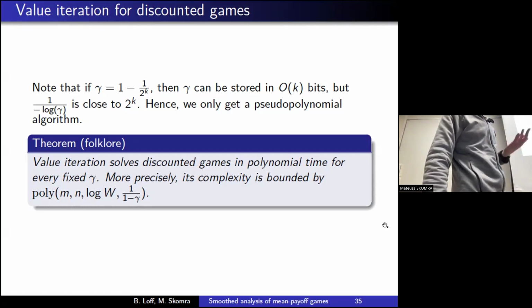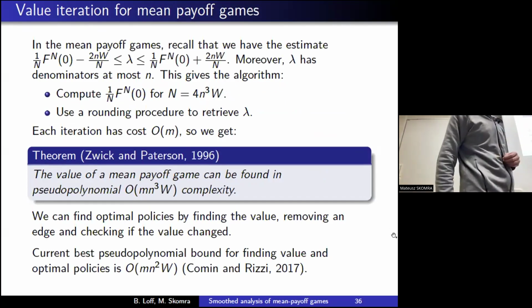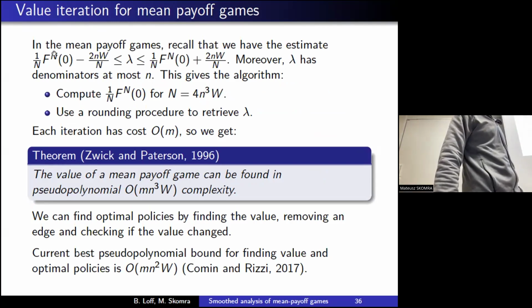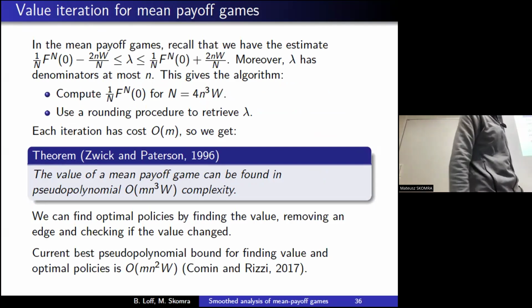And we can also do value iteration in the mean payoff case, right? Because we already saw this estimate. This is exactly the estimate that we used to prove that this iterative process converges. If you recall the proof from yesterday, this is one of the steps I used to prove convergence, but this already basically gives you the algorithm.